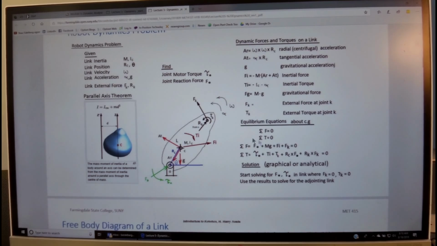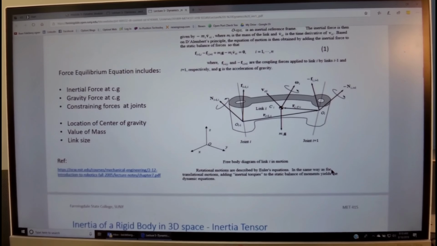And we also have the moment of Fk on the center of gravity, which is rk times fk. So moment of any force times a point is r cross that force. And all of that has to be equal to 0. We can solve it analytically. We can solve it also graphically, and we'll take a look at these two systems.